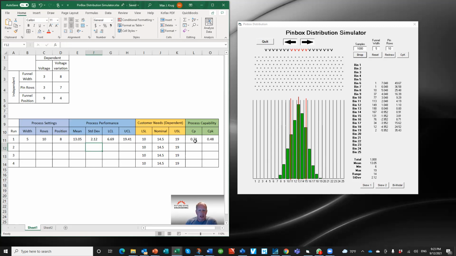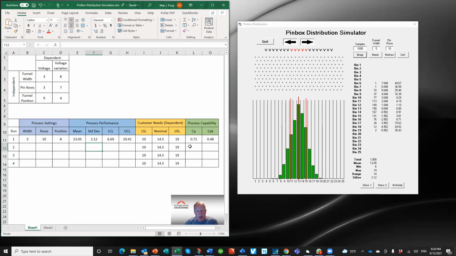So I calculate my Cpk of 0.48, which is not capable. And I see my Cp as 0.71. So it doesn't even have the potential to be capable, because I need this Cp to be above 1.33. And I want my Cpk above 1.33 if I'm perfectly centered. I understand I'm not capable.